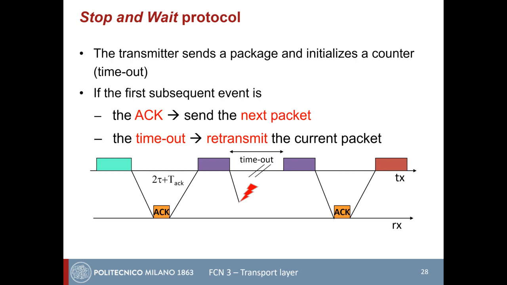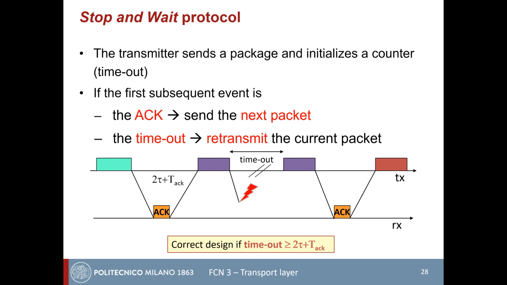So the timeout has to be designed in order to be larger than this value. Otherwise, all the timeouts will expire all the time. Okay, because this is the minimum possible delay of the ARQ. The ARQ cannot arrive earlier than this time.